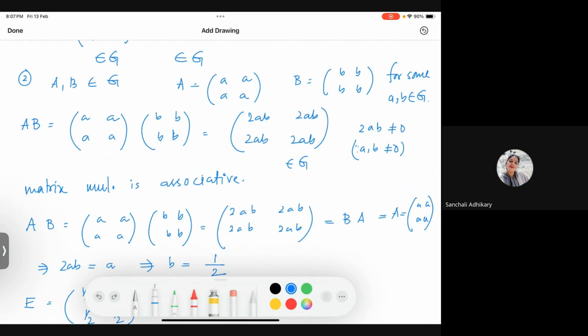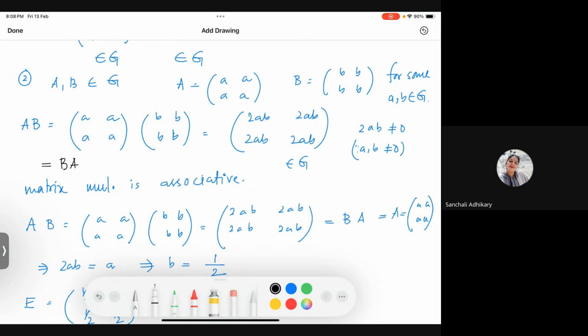If you take any two elements from G, say A is equal to this matrix, B is equal to this matrix. If you multiply A into B, you will see AB is equal to this matrix, and this is equal to BA also.